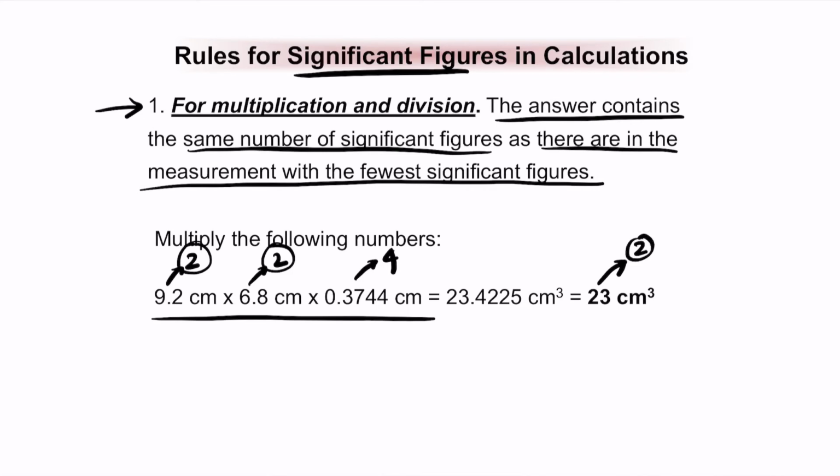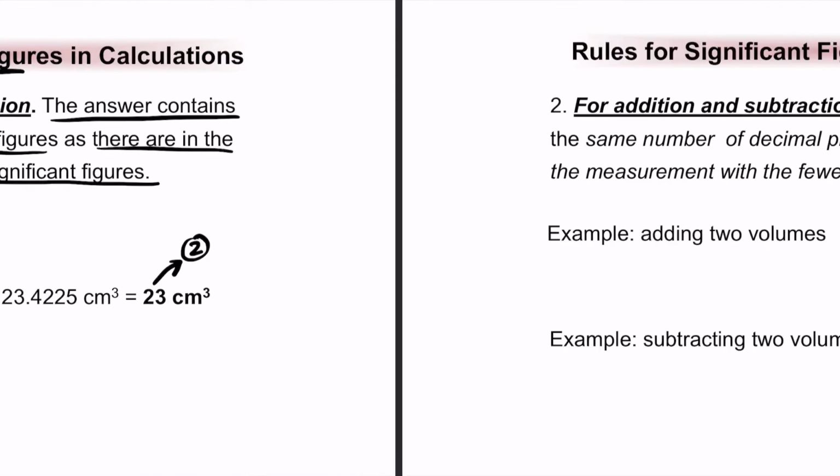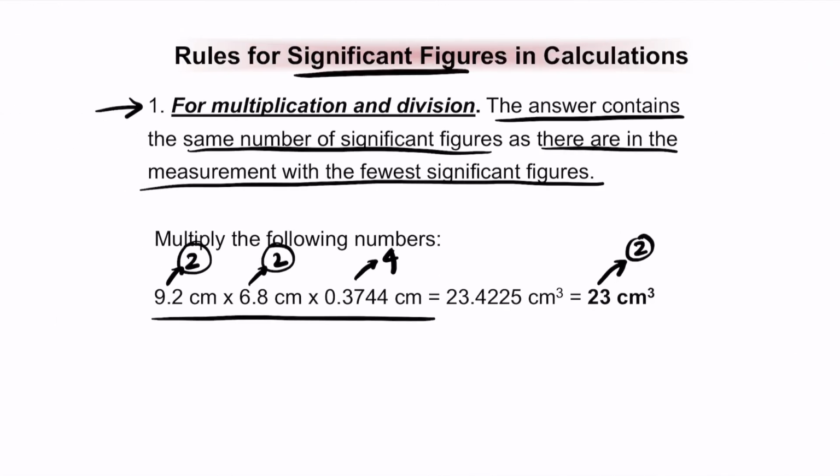So what we do here is we round off the numbers. Let's take this number, 23.4225. If I want to convert this into 2 significant figures, we start eliminating, or rounding off, from the last digit. Check if the number is greater than 5, less than 5, or equal to 5.